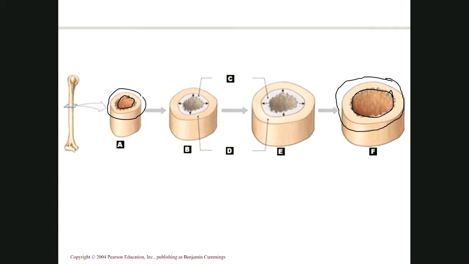And again, it's all because of stress. If you stress a bone, it will grow. If you remove the stress, it will shrink. And that's exactly what happened when we remodeled this bone.